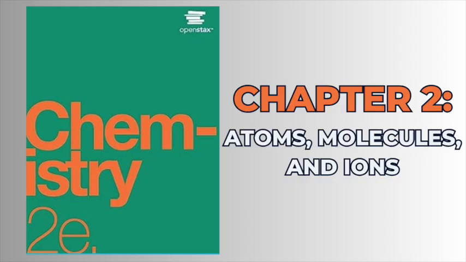Compounds are formed when 2 or more elements chemically combine, resulting in the formation of bonds. For example, hydrogen and oxygen can react to form water, and sodium and chlorine can react to form table salt. We sometimes describe the composition of these compounds with an empirical formula, which indicates the types of atoms present and the simplest whole number ratio of the number of atoms, or ions, in the compound.